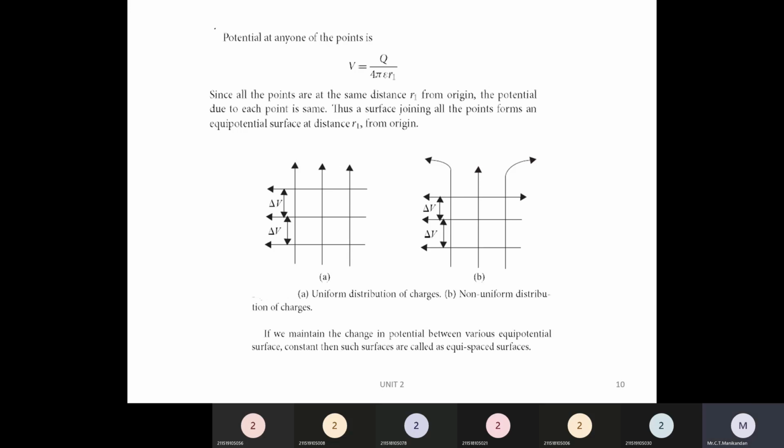If we maintain a constant change in potential between various equipotential surfaces, then such a surface is called an equispaced surface. So there is a difference between an equipotential surface and an equispaced surface.